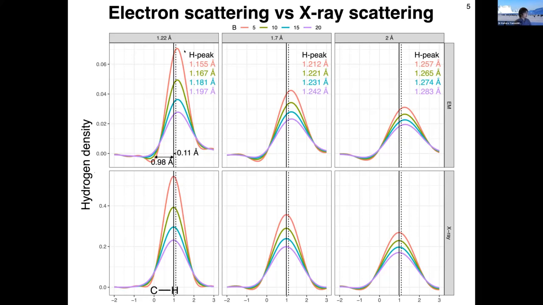But in the EM case, the hydrogen density peak is off from the electron density center and the nucleus position, and the peak position changes depending on the resolution cutoff and the atomic B values. These numbers are density peak positions of hydrogens. This is a very interesting feature, and this should explain why we see peaks off from the expected position of hydrogen.